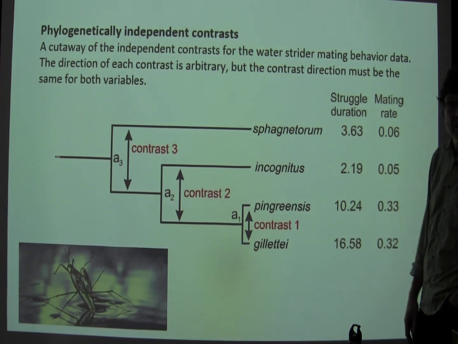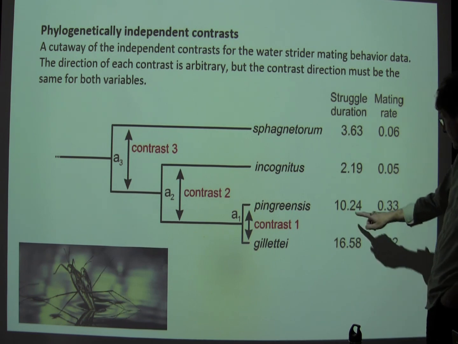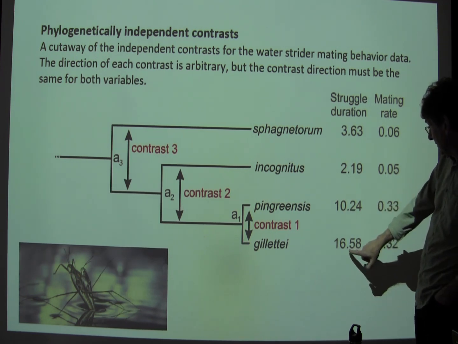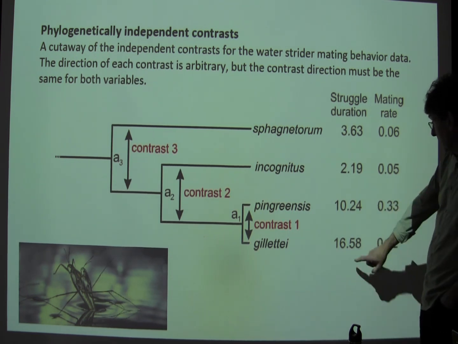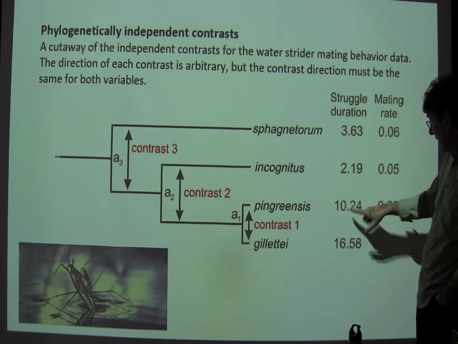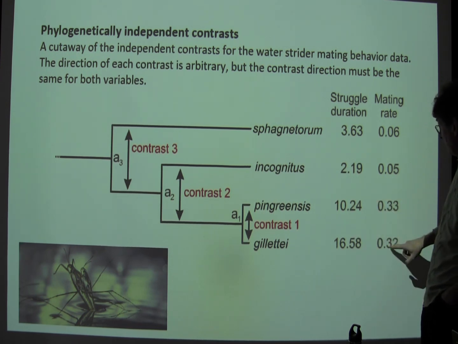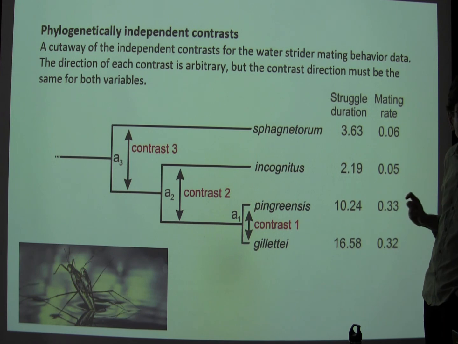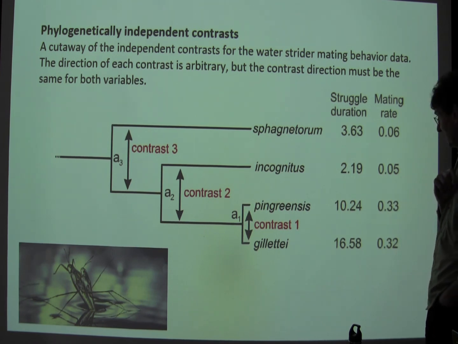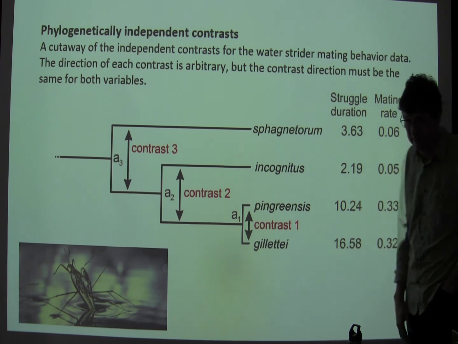And the direction of the contrast is arbitrary. We could take 10.24 minus 16.58, or we could do the reverse, 16.58 minus 10.24, but we just have to calculate the same way for both of the two traits. That's the only crucial thing. So Giletti minus Ingrinsis for both traits, then we're good.